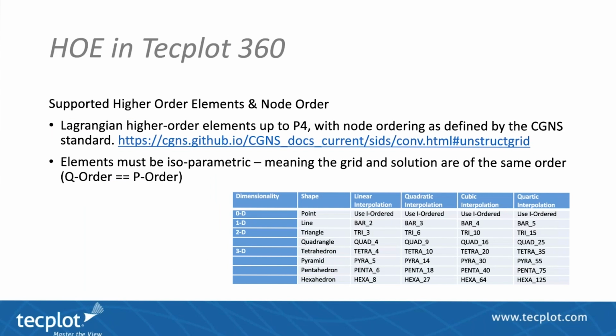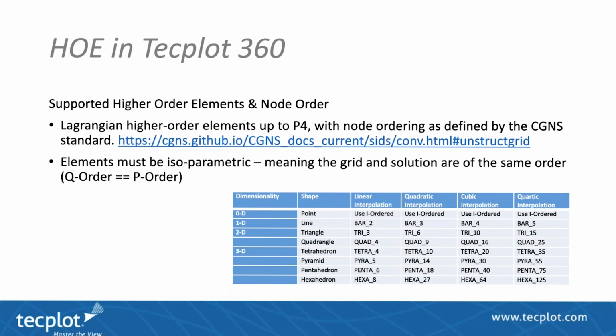We've mentioned a few times that the FEMixed zone type also gives you access to outputting high order elements up to P4. And we have intentionally used the CGNS winding rules, so you'll perhaps be familiar with the order in which nodes need to be output.